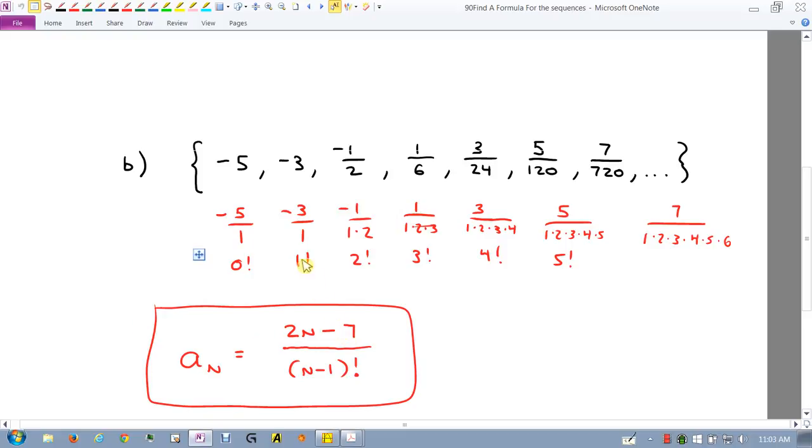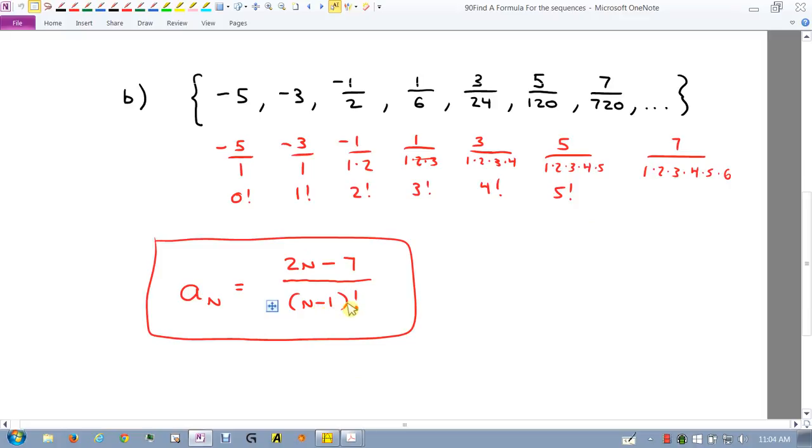And then you had to realize, this was the tricky part, this -5 was -5 over 1, the -3 was -3 over 1, and then 2 is 2 times 1, 6 is 1 times 2 times 3, 24 is 1 times 2 times 3 times 4. So you realize that all these denominators are factorials starting at 0 factorial. So when you plug in 1, you need to get 0 factorial on the bottom, which is why I use n minus 1 factorial. All right, you plug in 1, you get 0, plug in 2, you get 1, and it generates this sequence.